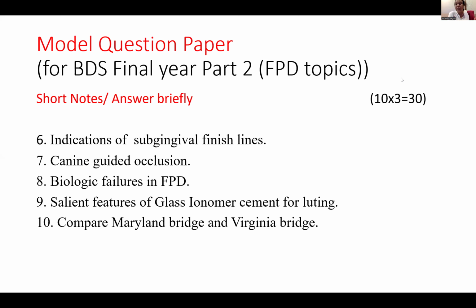And when you say canine guided occlusion, can a BDS student write so much? Ma'am, it's for 3 marks. Okay, 10 questions of 3 marks is perfectly okay. Even salient features is okay then. All questions are okay.